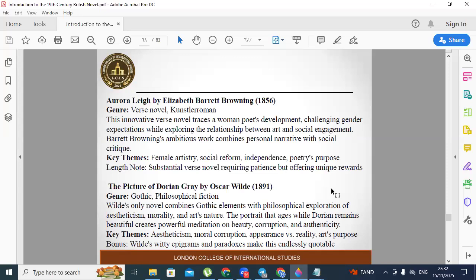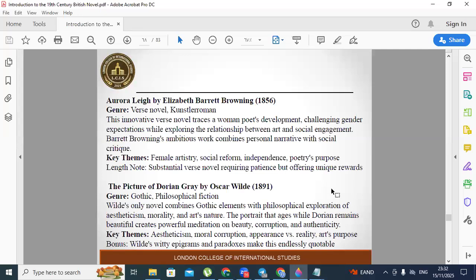The Picture of Dorian Gray by Oscar Wilde, 1891. Genre: Gothic philosophical fiction. Wilde's only novel combines Gothic elements with philosophical exploration of aestheticism, morality, and artistic nature.